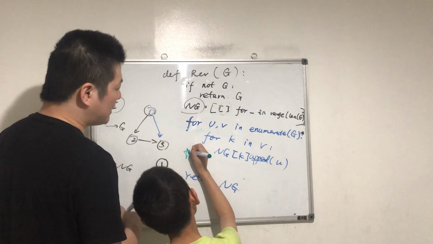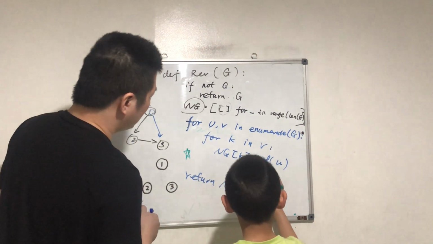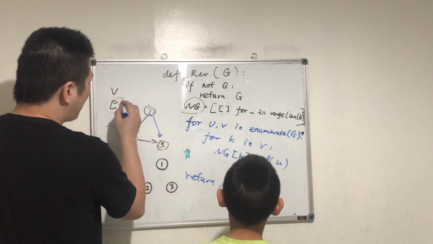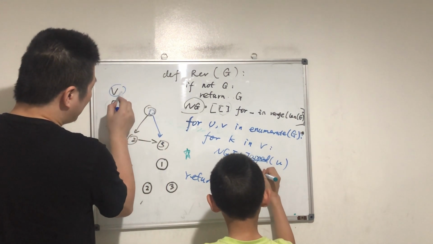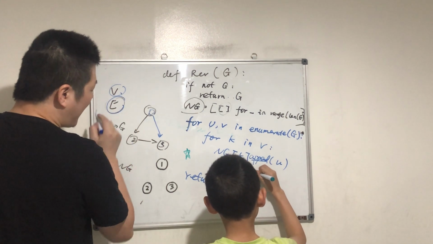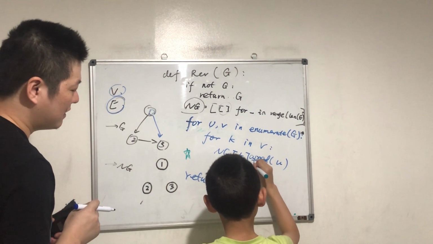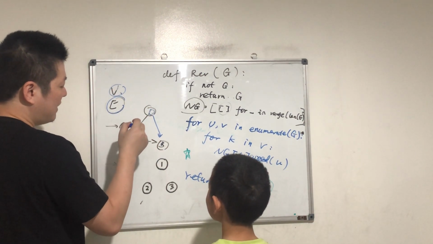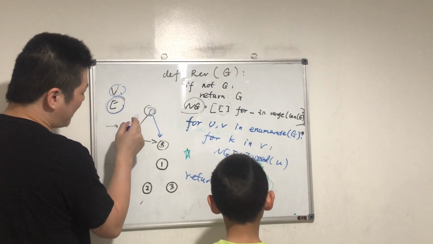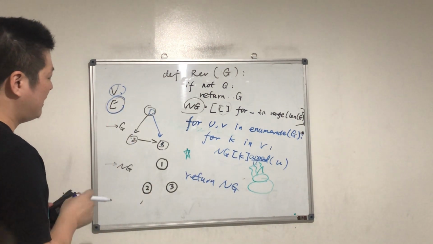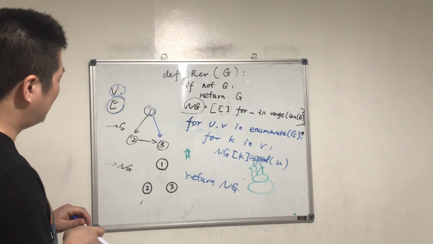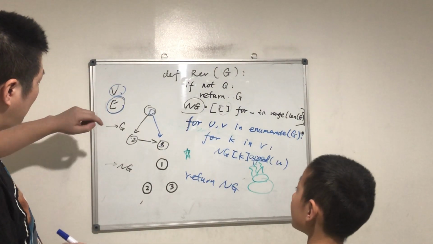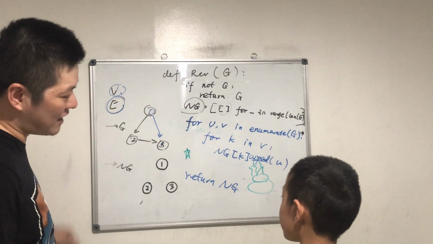What's the time complexity? Okay, so if there are V vertices and each one has E edges, what's the time complexity?